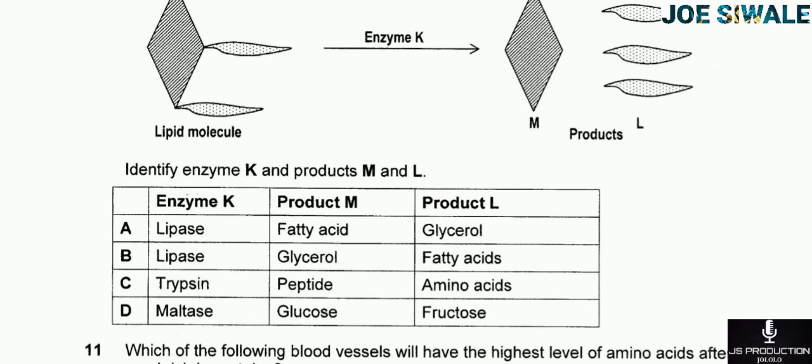Then C, enzyme K as trypsin, product M as peptides, product L as amino acids. Then D, enzyme K as maltase, product M as glucose, product L as fructose. So my answer is B, which is enzyme K as lipase, product M as glycerol, product L as fatty acids.